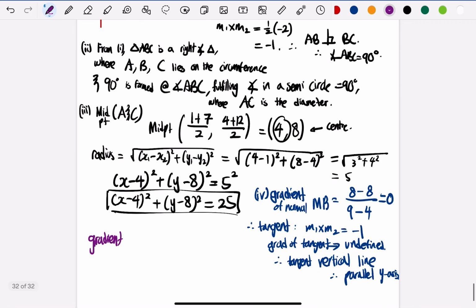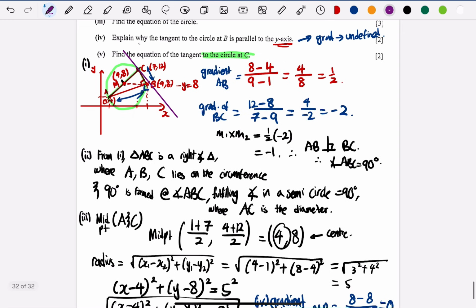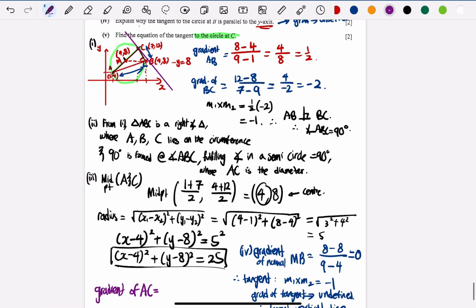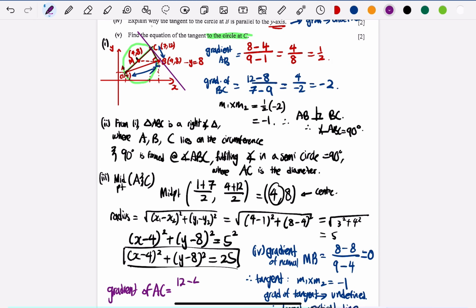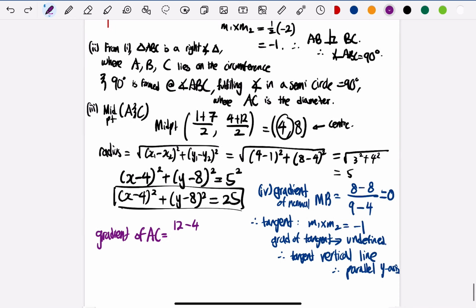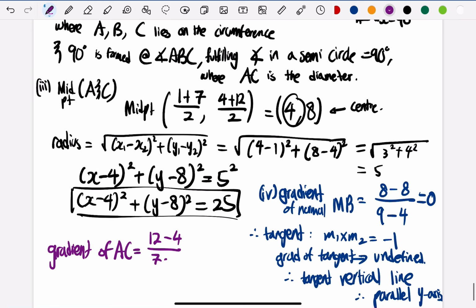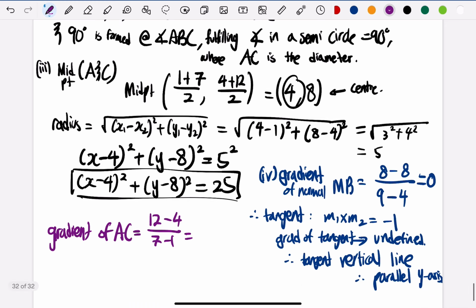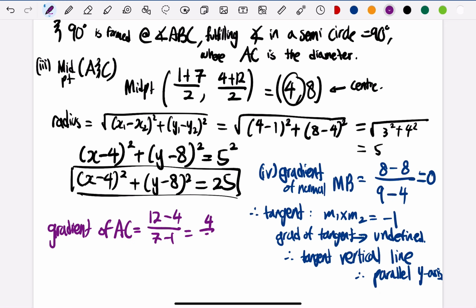So gradient of AC would just be y1 minus y2, again it's 12 minus 4, over 7 minus 1, which simplifies to 12 minus 4 divided by 6. You get your gradient of your normal to be 4 over 3.